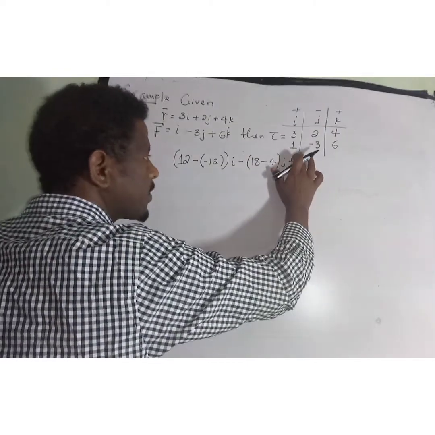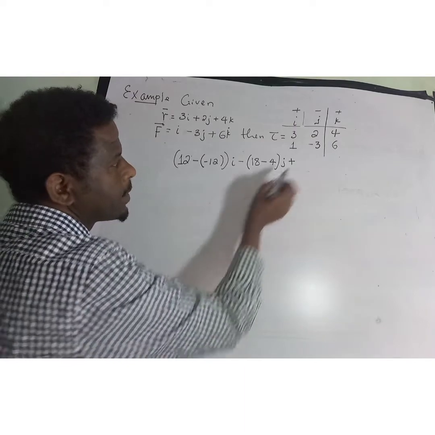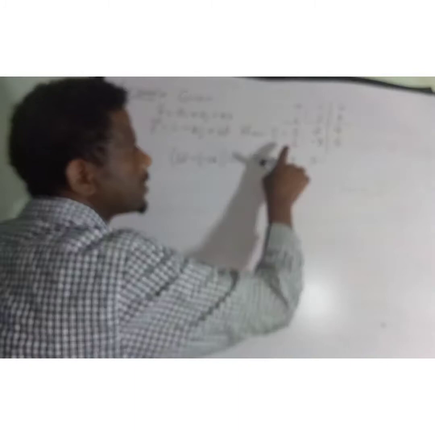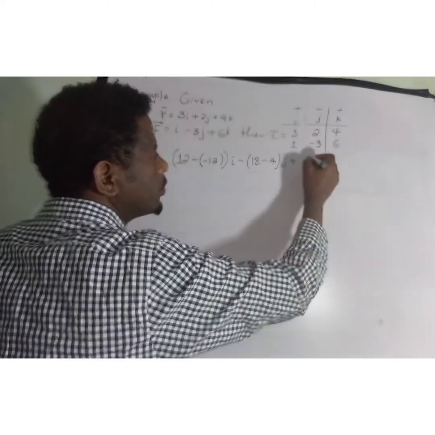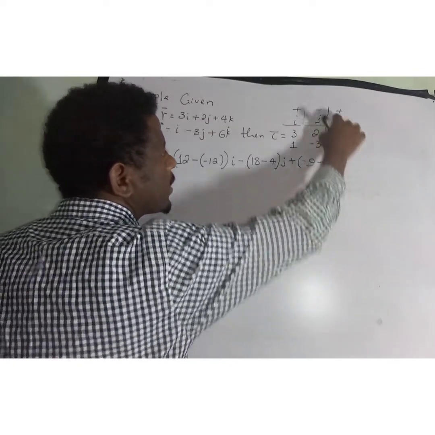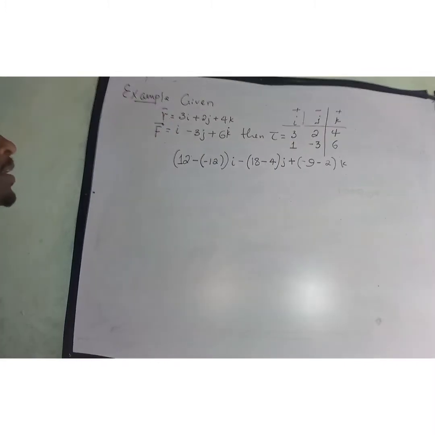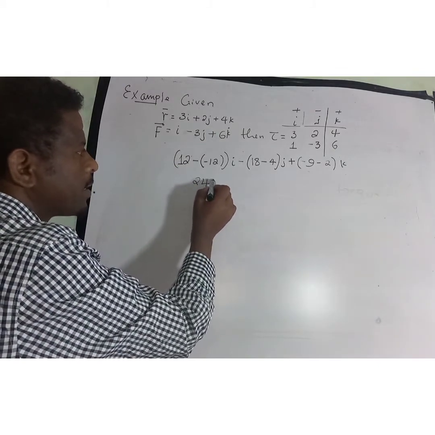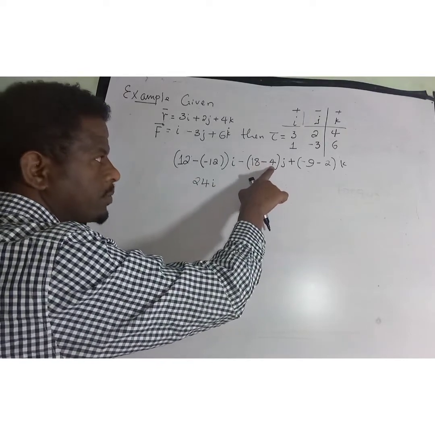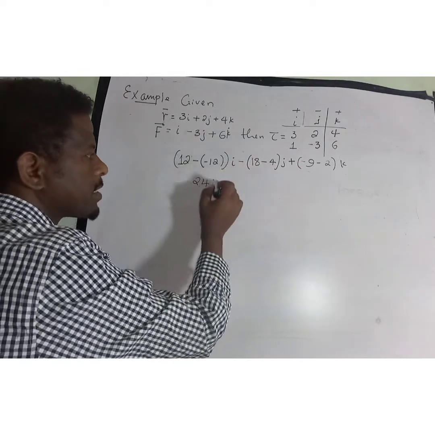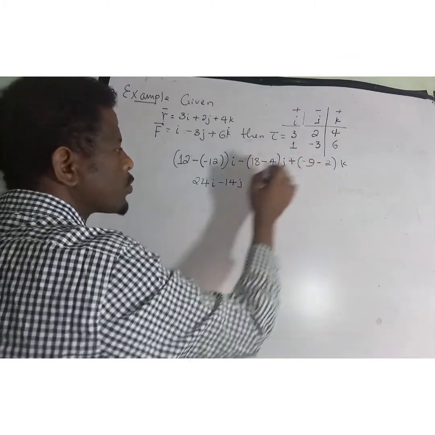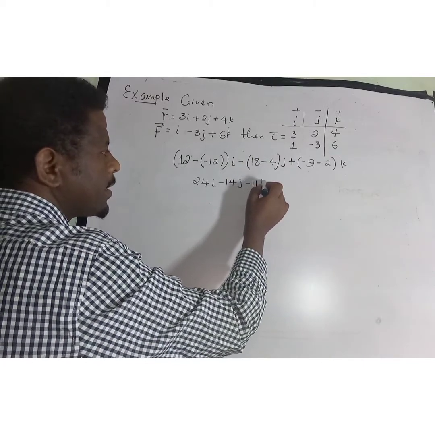Plus the components of k, again omitted here, 3 times 3, 9, minus 1 times 2, 2, direction k. Then minus becomes plus, 12 plus 12, 24 i, 18 minus 4, 14, times minus, minus 14 j, 9 minus 2, 7 k.